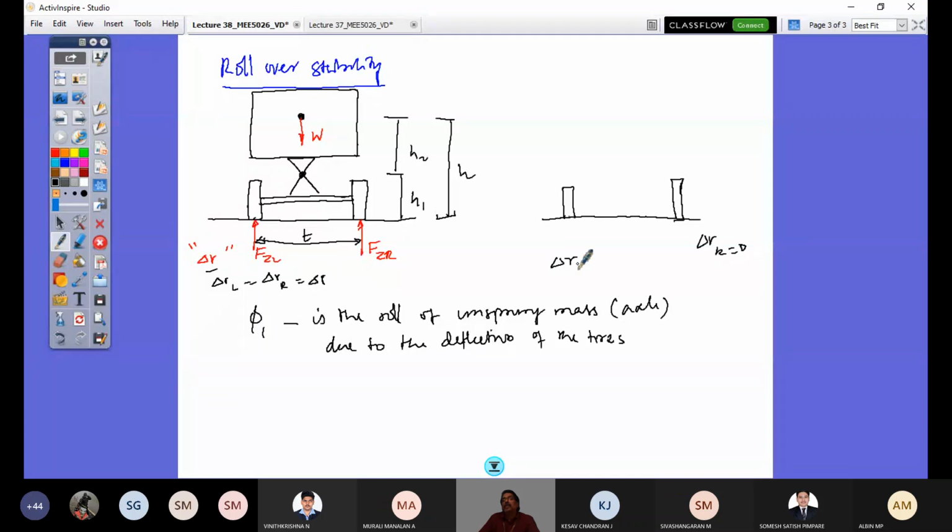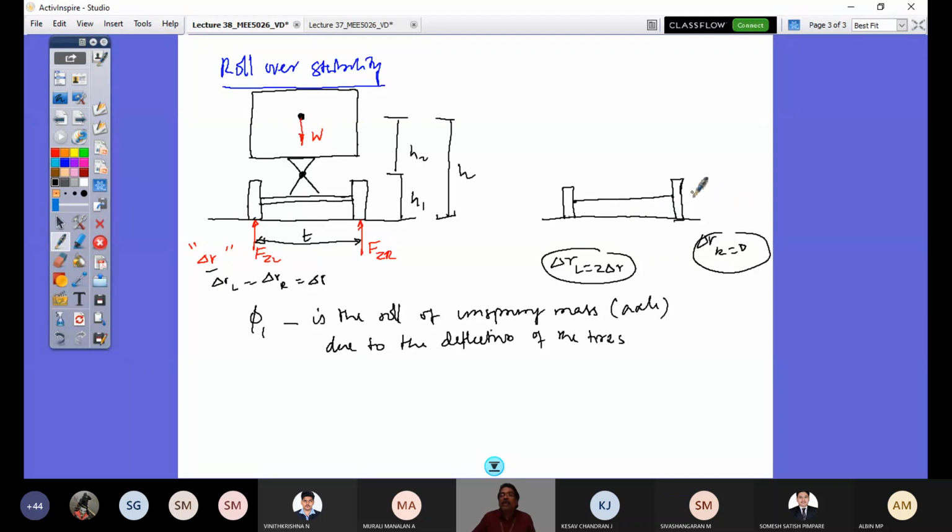The axle here at the center, you see there is a small inclination. It's not perfectly horizontal, and this inclination to the horizontal is phi 1. That's the roll of the axle due to tire deflection. That's what I defined.